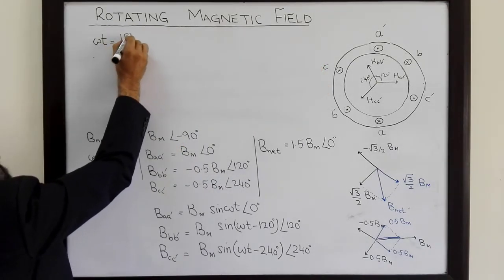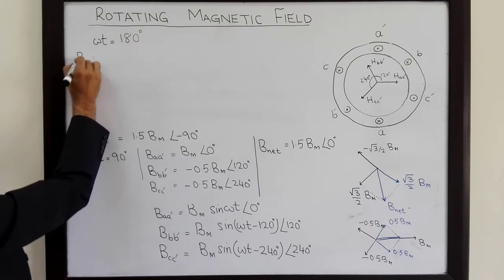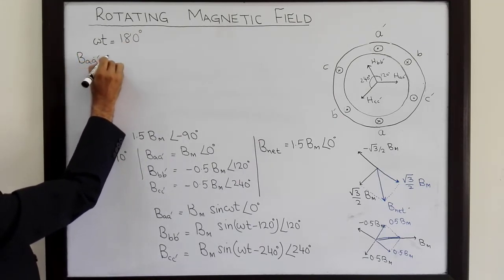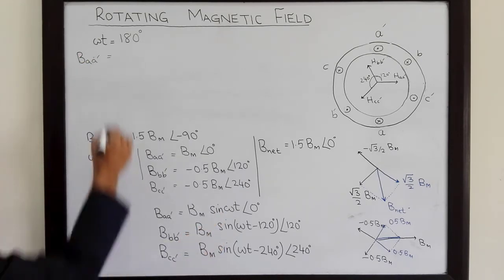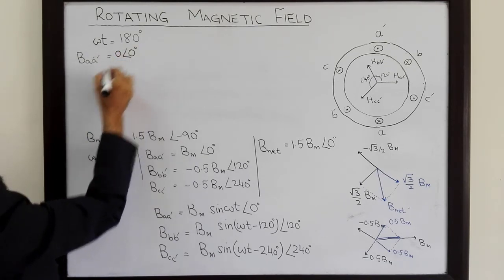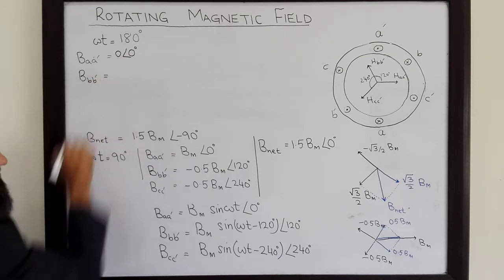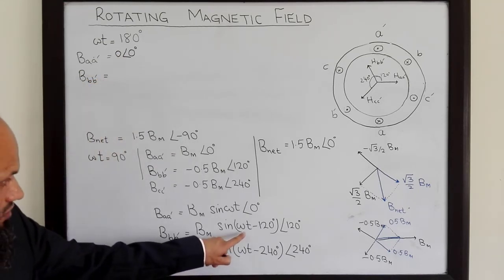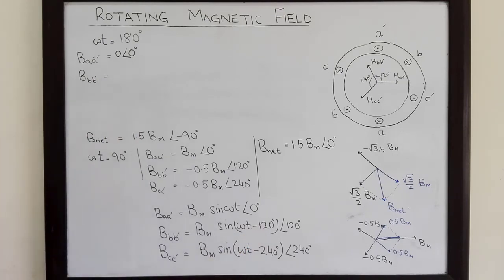Omega t equal to 180 degrees. So what is B_A A dash? Sine of 180 degrees is 0. So B_A A dash is 0 and angle of this vector is 0 degrees. And B_B B dash, that is equal to sine of 180 minus 120.